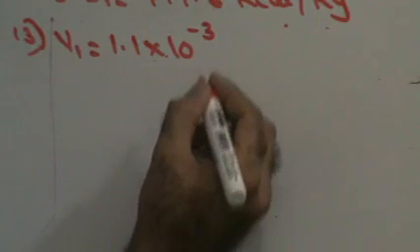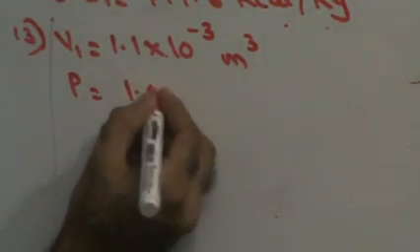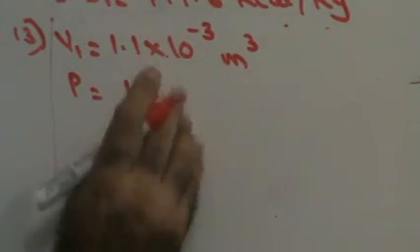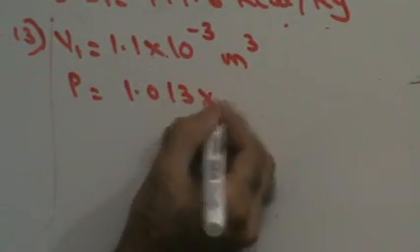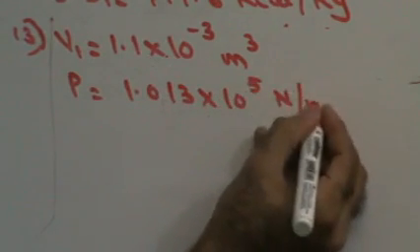1 kg of ice occupies 1.1 into 10 raised to minus 3 meter cube at normal pressure, 1.013 into 10 raised to 5 newtons per meter square.